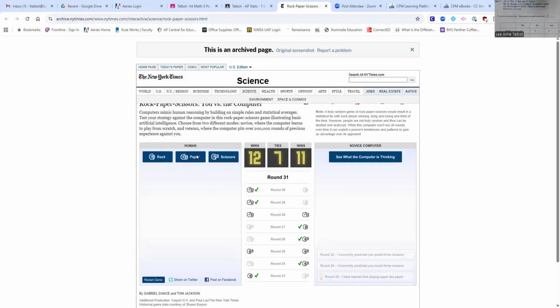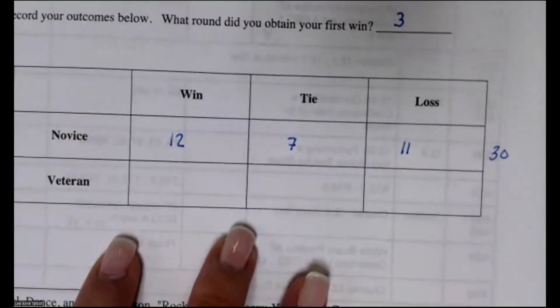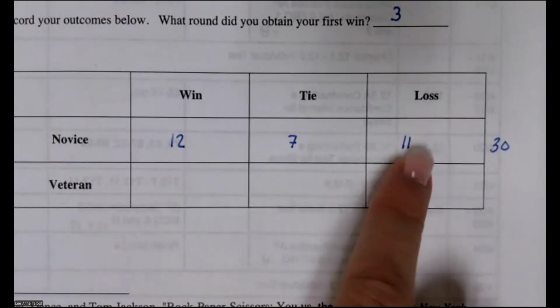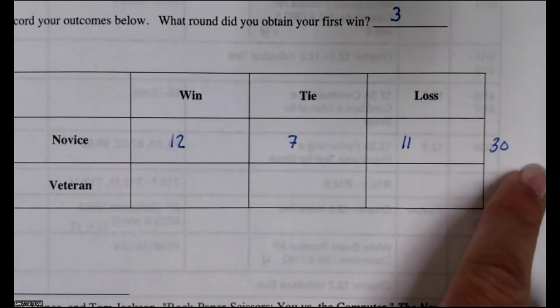Okay, so you guys look at mine up here. I have my 30 rounds: 12 wins, 7 ties, 11 losses. I represented that here in my table: 12 wins, 7 ties, 11 losses for a total of 30.